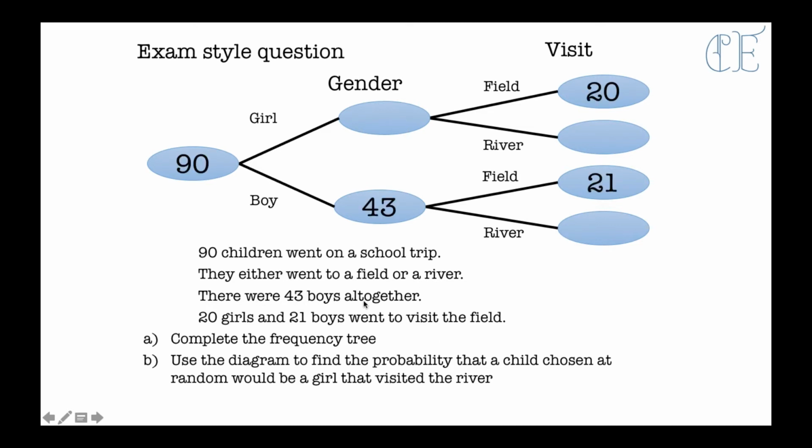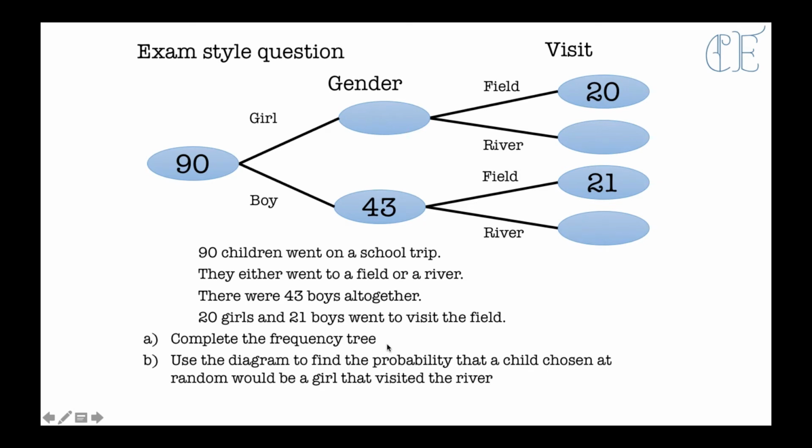There were 43 boys altogether, and out of those, 21 boys and 20 girls went to the field. Can you see we've filled all of that in now without really having to do a lot? 90 children altogether, 43 boys. Of those 43, 21 went to the field, and we also know that 20 girls went to the field. Can you see how we split it up between field and river, field and river?